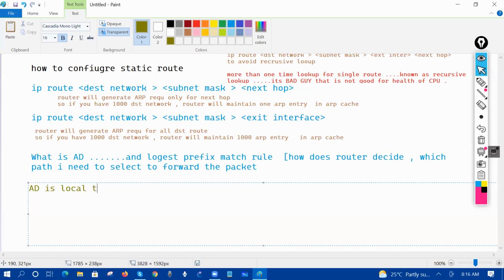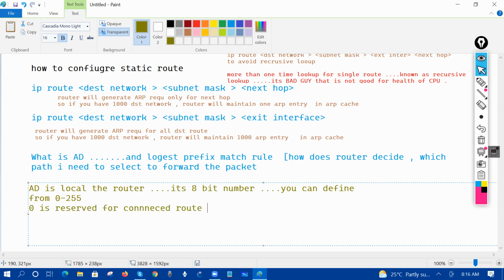AD is local to the router, right? It's an 8-bit number. You can define from 0 to 255, but 0 is reserved, so you cannot use 0.